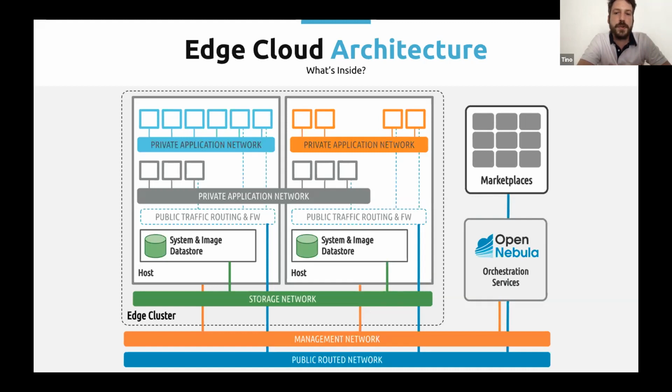So you don't have to worry about anything else than providing the credentials to the OpenNebula tool, and OpenNebula will deploy that and roll that into your OpenNebula frontend, and you are ready to go. Start deploying workload on top of these remote edge clusters.